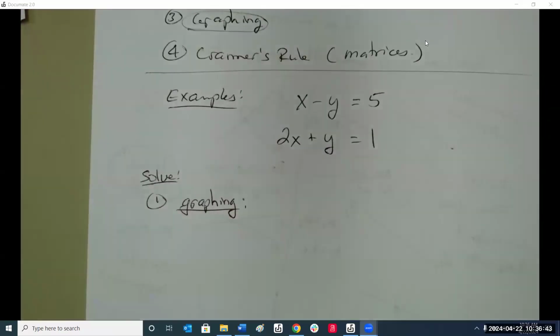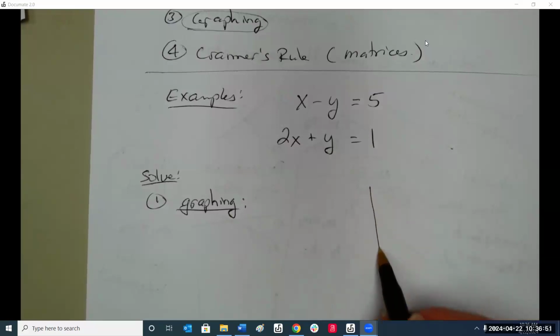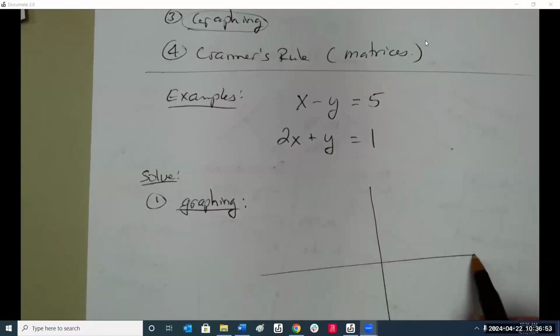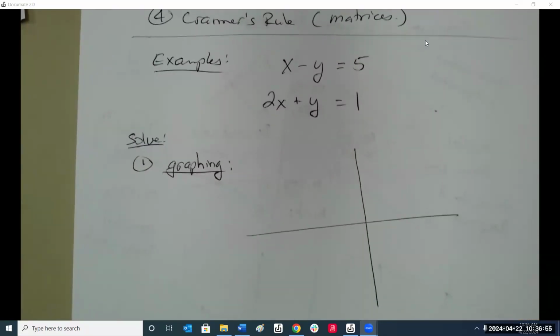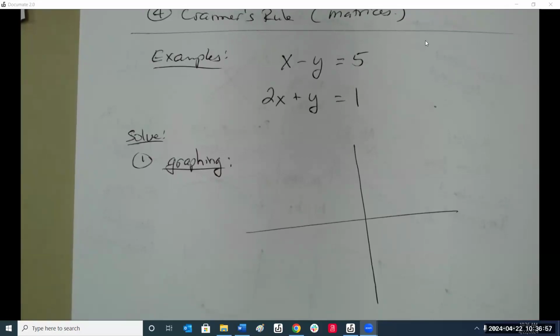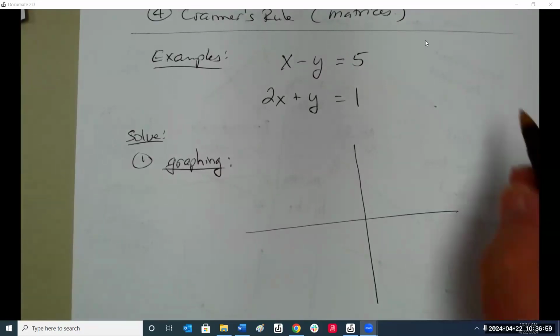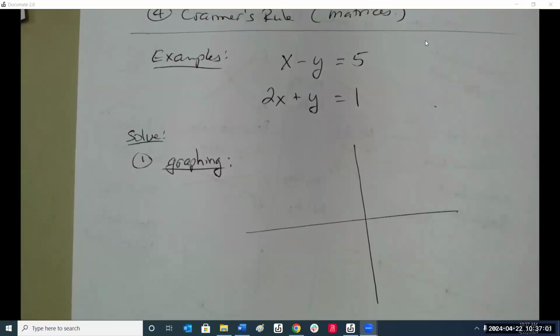Okay, let's solve using graphing. And the limitation of graphing is it's only as good as your graph is. So how do we graph these two equations?